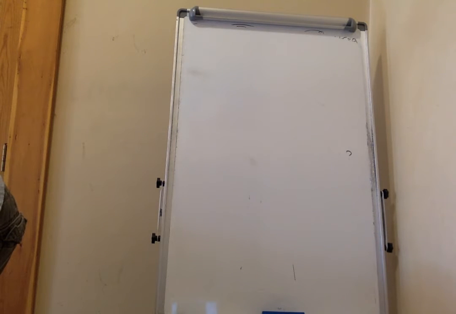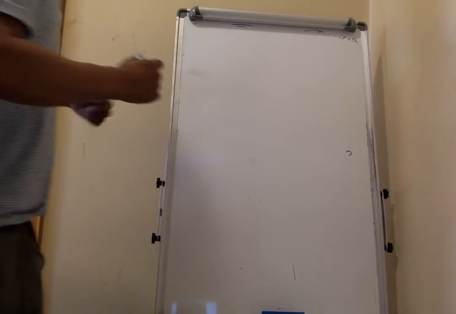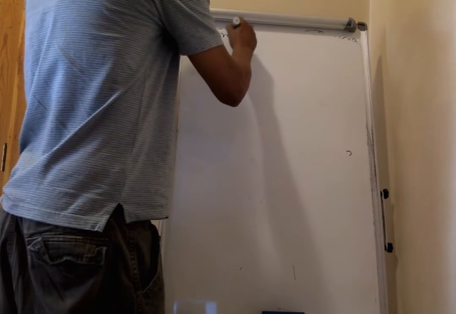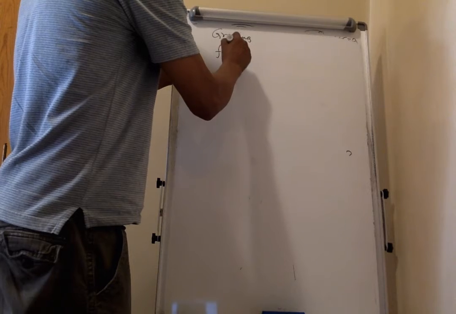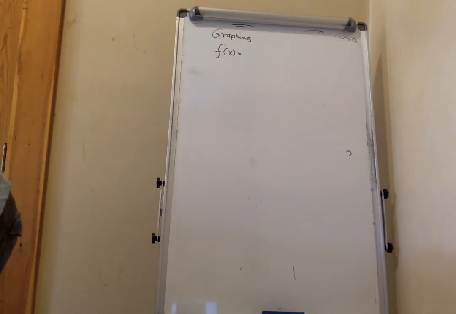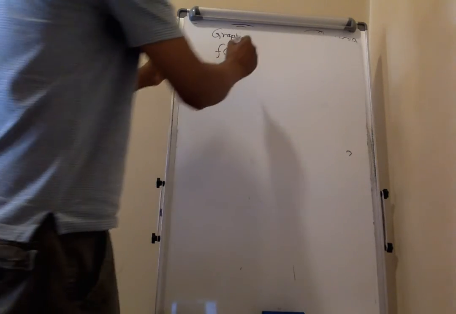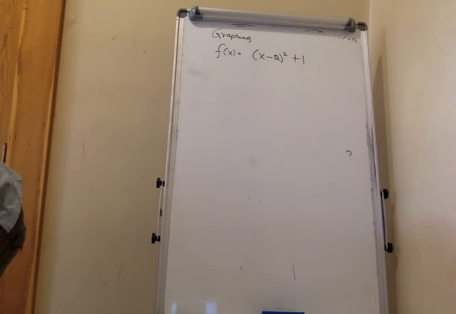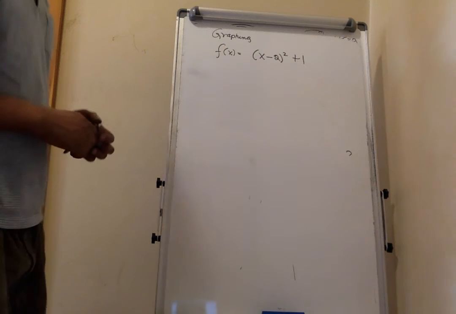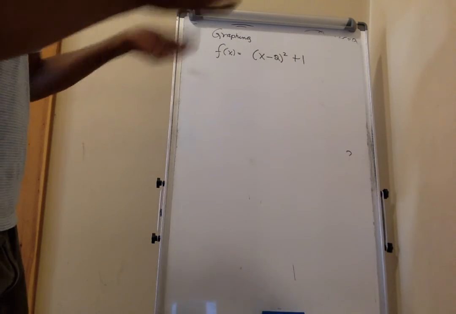So let's do graphing another one. F of x is equal to (x - 2)² + 1.